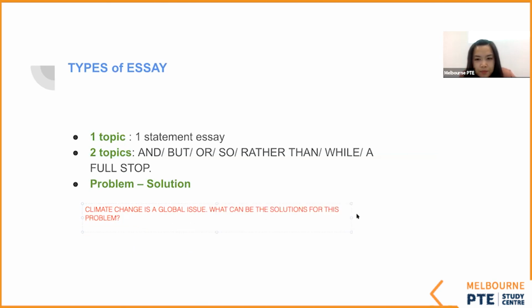Climate change is a global issue. What can be the solution for this problem? Right? So they give you the problem, climate change, right? And they ask you for the solution. Very simple. They give you a problem and they ask you for a solution. Okay.